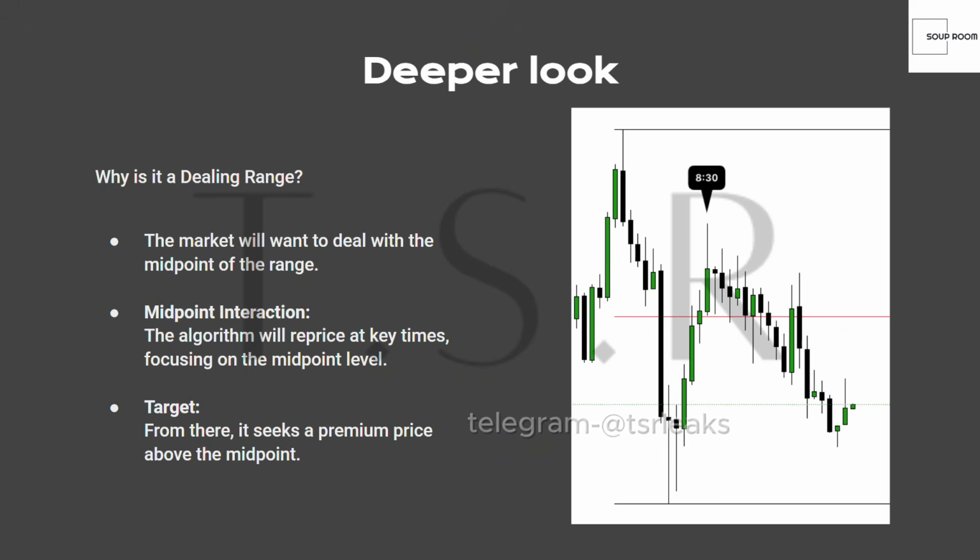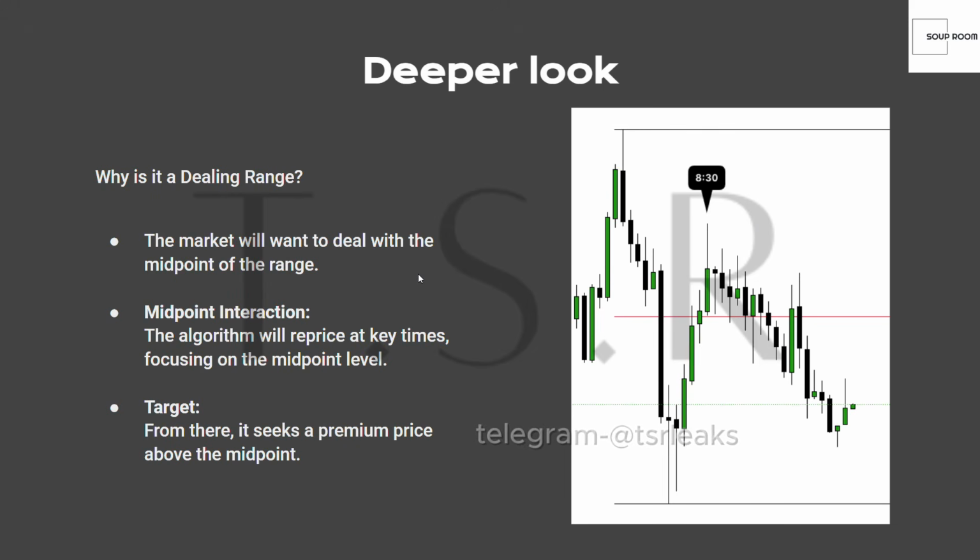The new liquidity rests around the midpoint of the range, which represents the fair value. Above the midpoint is a premium. You will be looking for key levels in a premium when you are bearish. And in the discount below the midpoint, you will be looking for key levels when bullish.